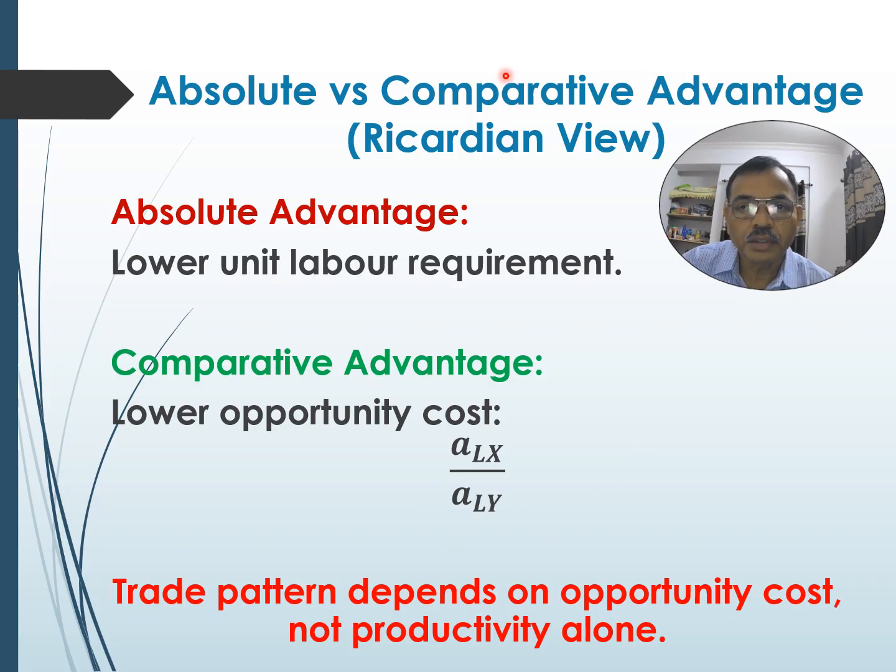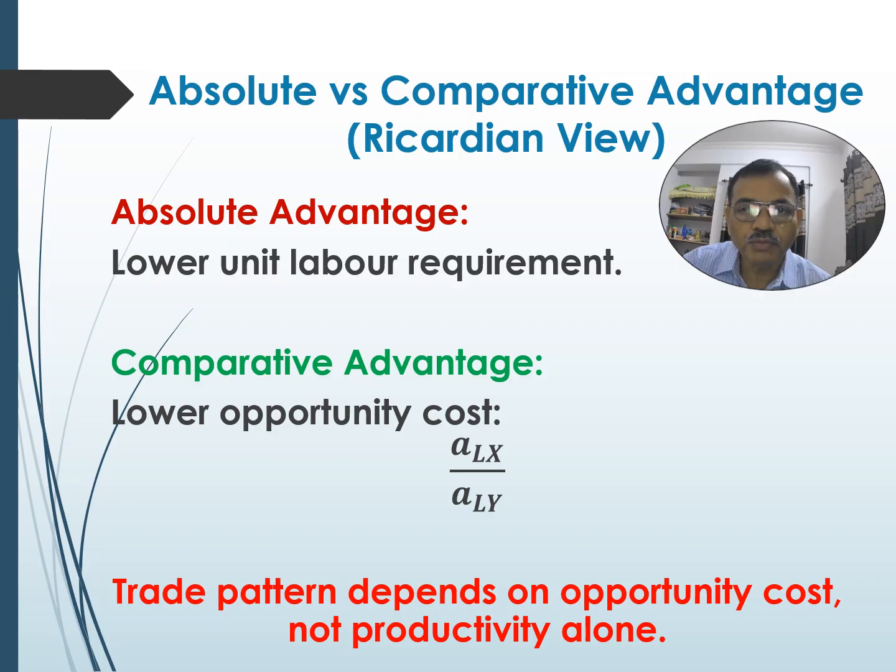Even if one country has lower ALX and lower ALY, it may not have comparative advantage in both goods. Comparative advantage depends on which good has relatively lower opportunity cost.